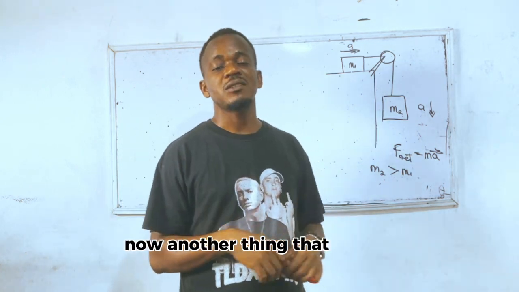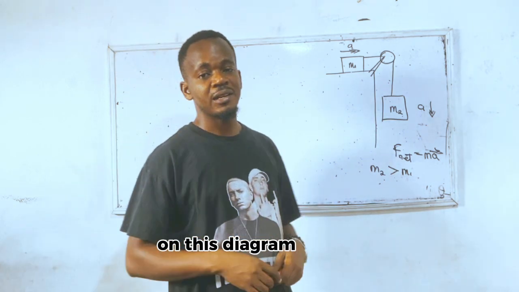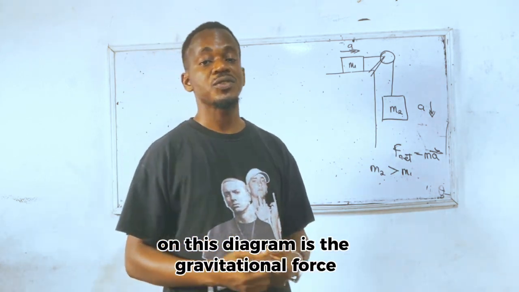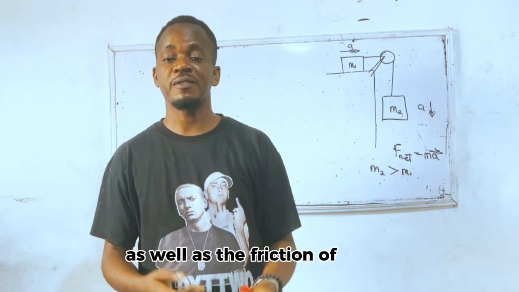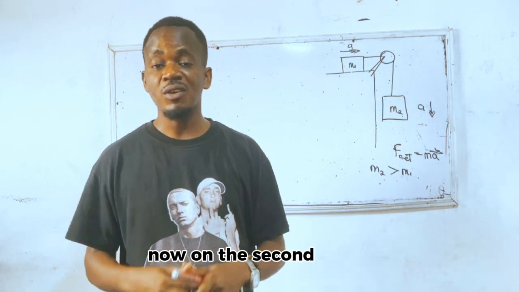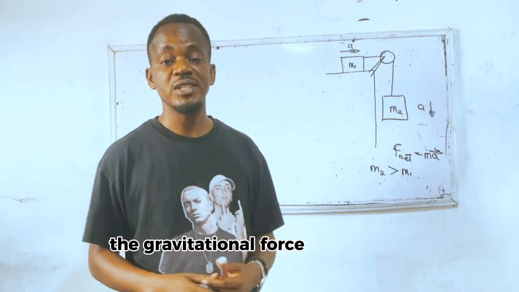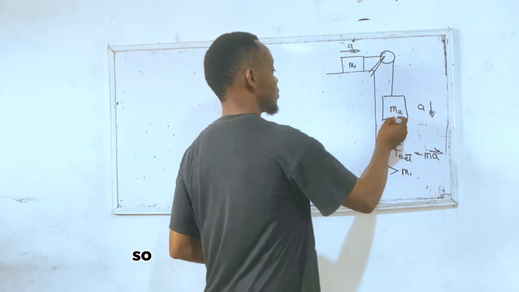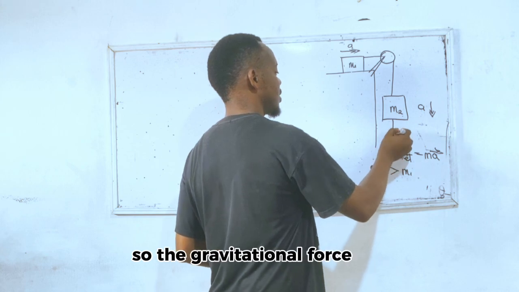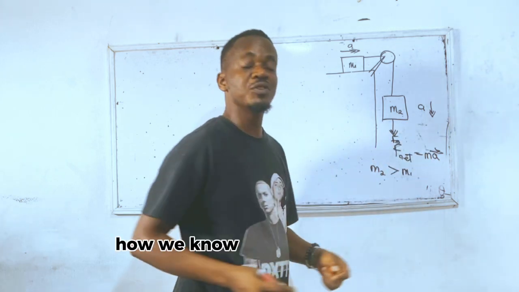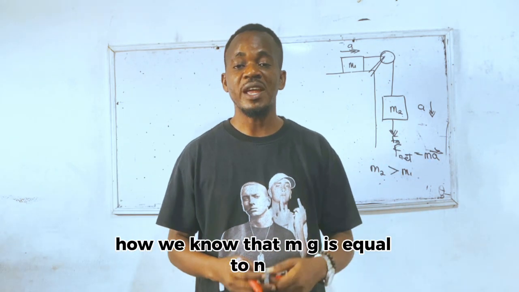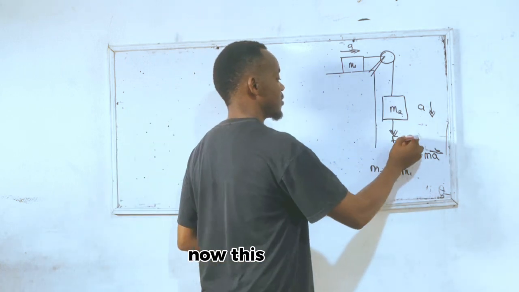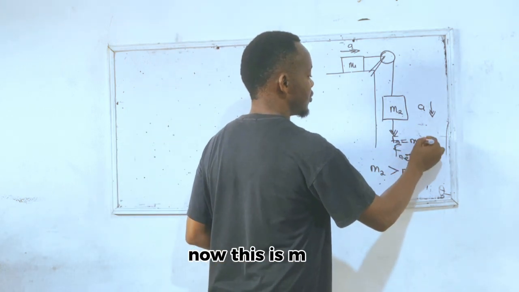Now, another thing that we're going to place on this diagram is the gravitational force as well as the frictional force. On the second body, the gravitational force is tending downwards. So the gravitational force Fg is equal to mg.